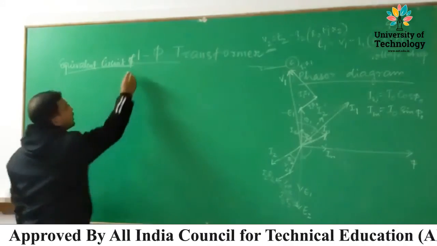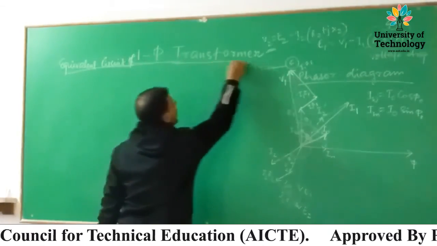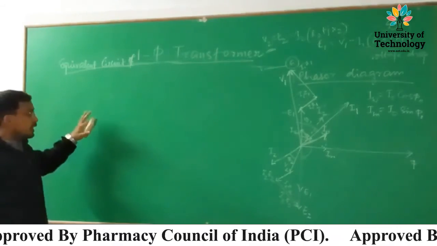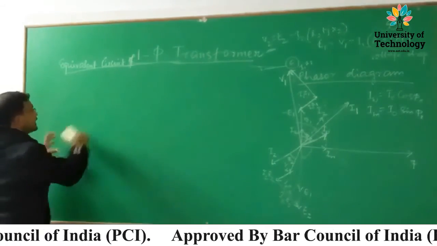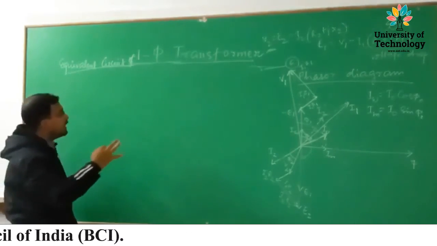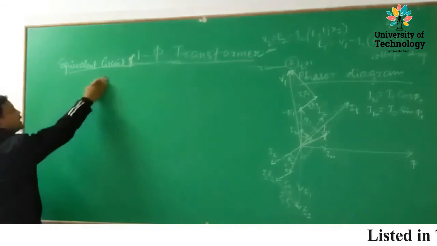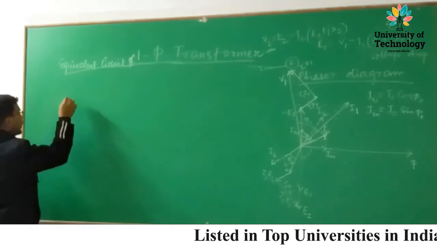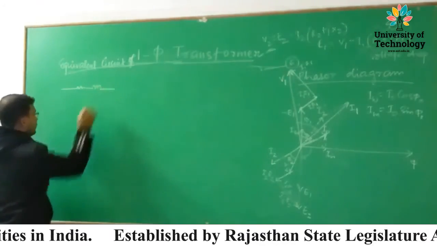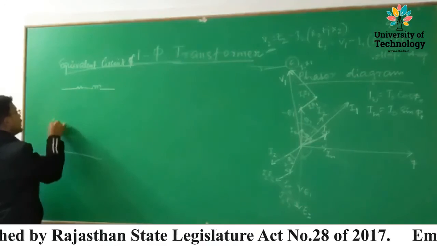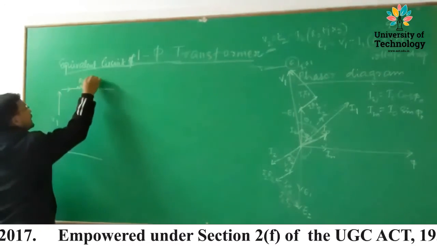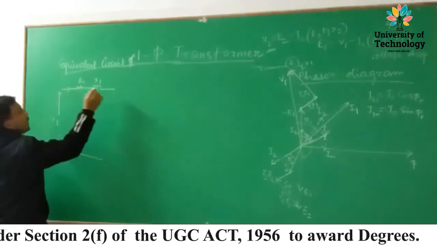In the equivalent circuit, we draw the circuit separately from the main circuit. Here we represent all the resistive and reactive components and the current without considering the core part. Here, this is the primary side supply with voltage V1, and this is the resistance and reactance of the circuit.